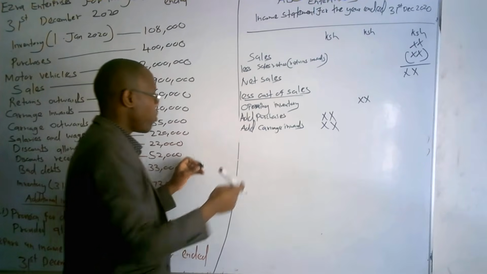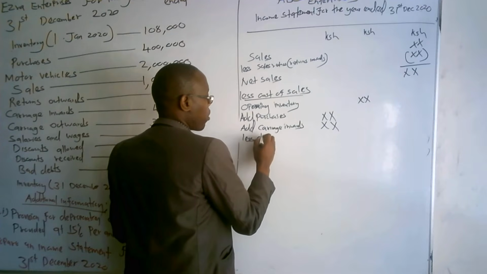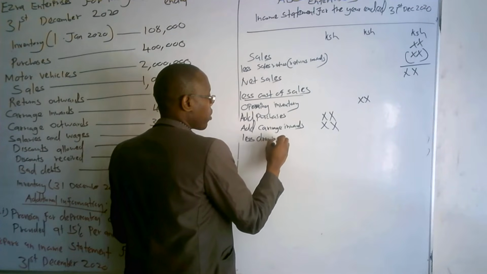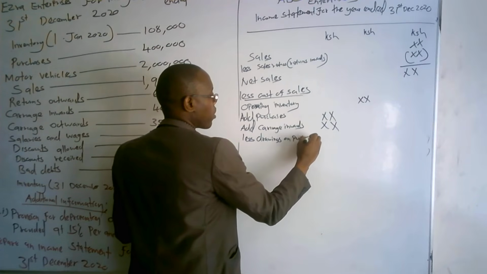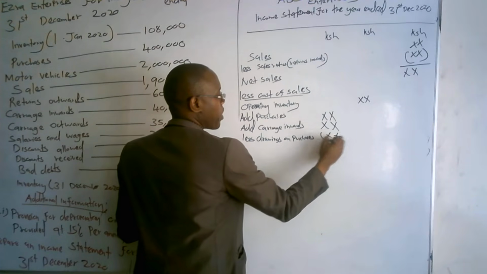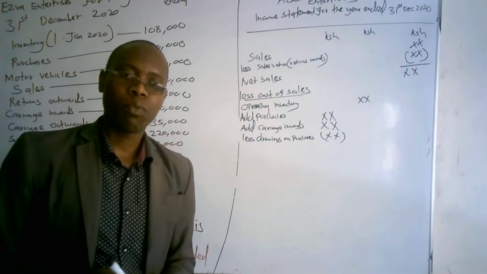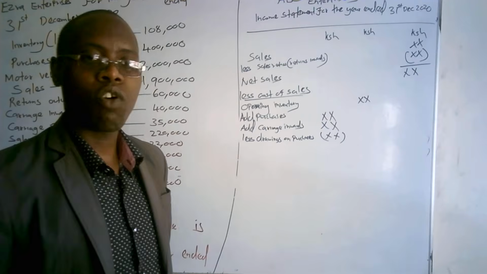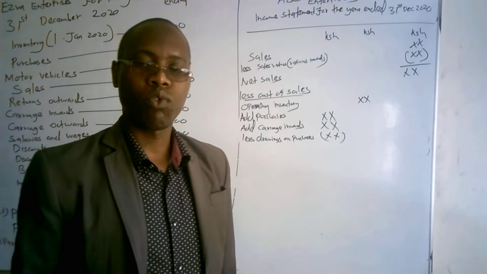And then we are going to less drawings on purchases. So lessing, I'm just going to put it in a bracket there. So drawings on purchases, sometimes what you have purchased, you may decide to consume it, or you may decide to use it.